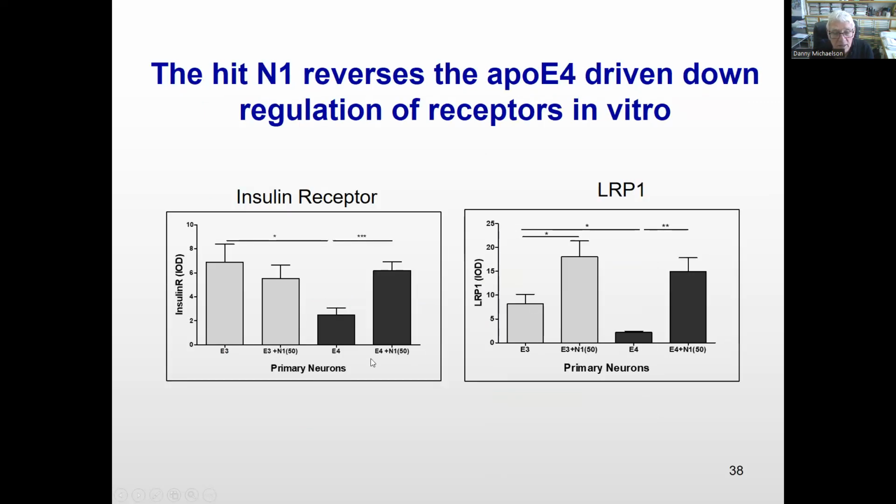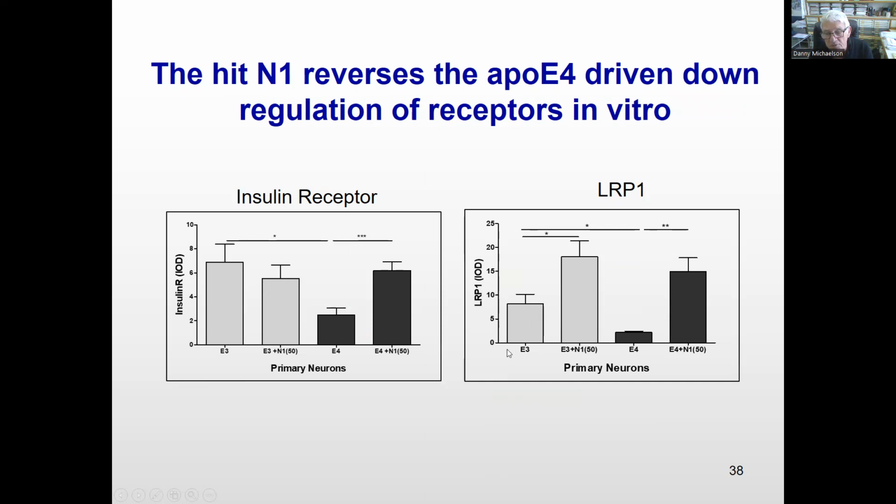And interestingly enough, when we treat these cells with a positive hit, the levels of the insulin receptor, which were down in E4, go back up to a level similar to that of E3, which by itself is not affected.